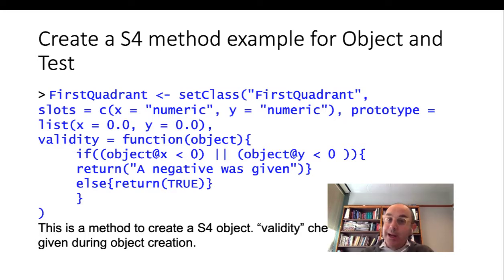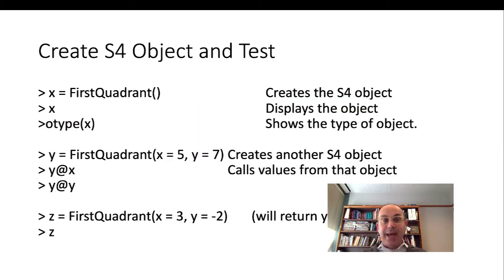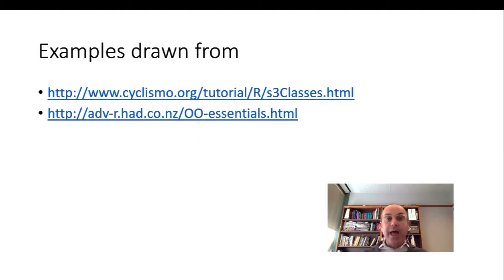So again, create our methods using the object and test. Again, this is where it's going to be validity check to see the value being given during the creation of the object. And in this case, this is what I will do. An example drawing from that is where I took it. So you will be able to test it yourself and to see if it makes sense.